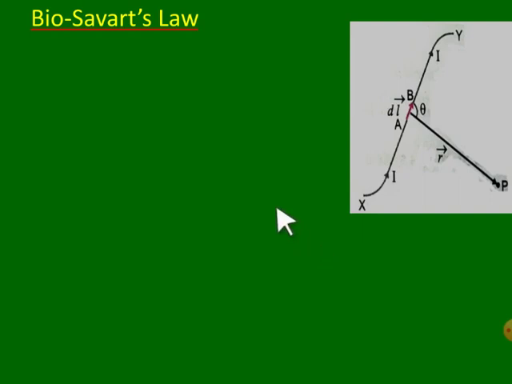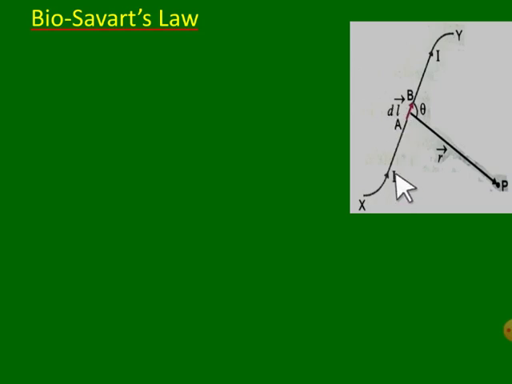Now think that this is a current carrying conductor XY, carrying current I along this direction like this. And let P be the point of observation where you want to find the magnetic field. Got it? Due to the elemental length AB of this current carrying conductor, of length dl.